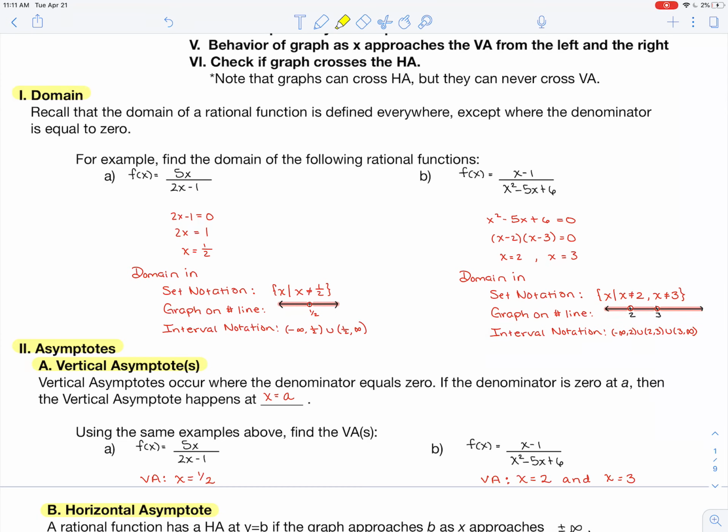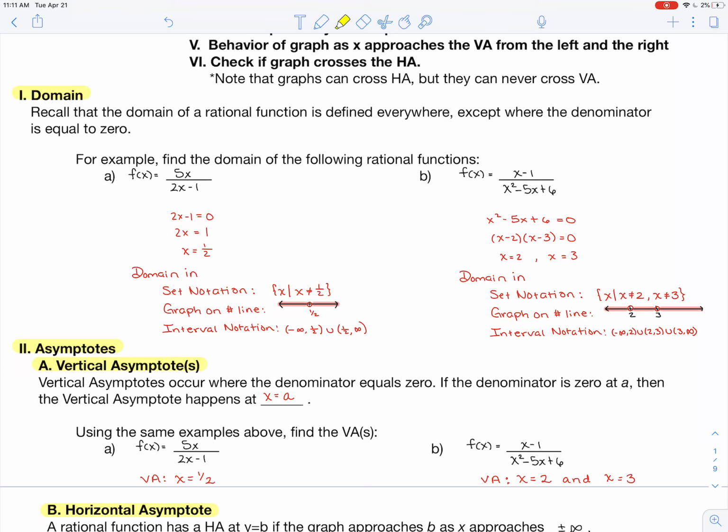Now, vertical asymptotes we've done before, so this is just a little bit of a review. If you recall, a vertical asymptote happens where the denominator equals 0. I'm just going to use parts A and B of the example we already did in the first part of this lesson, because we already found where the denominator equals 0.